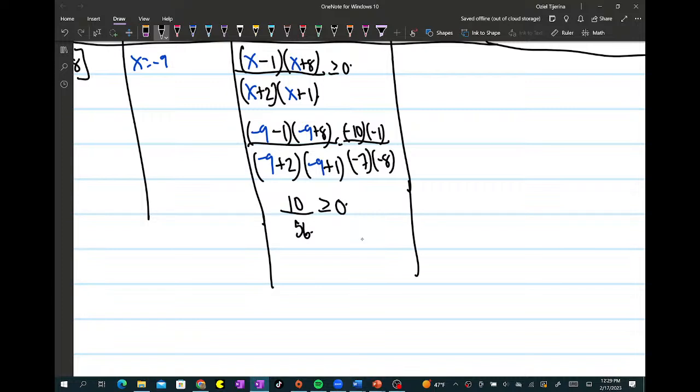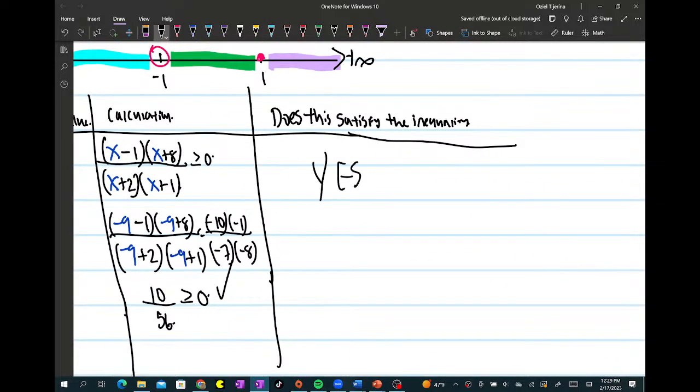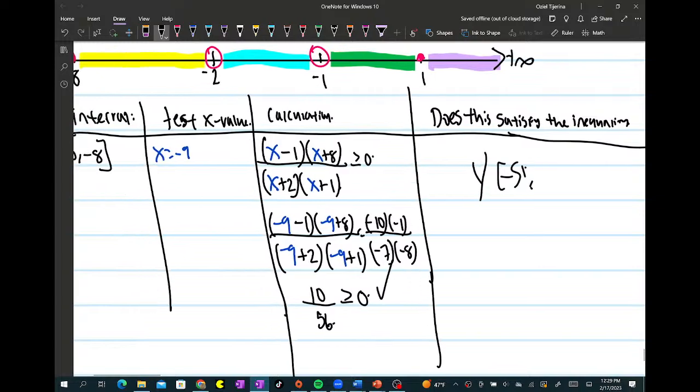Obviously, this is a fraction, so it's 0 point something or 1 point something, right? So this satisfies the inequality. So yes, this works.